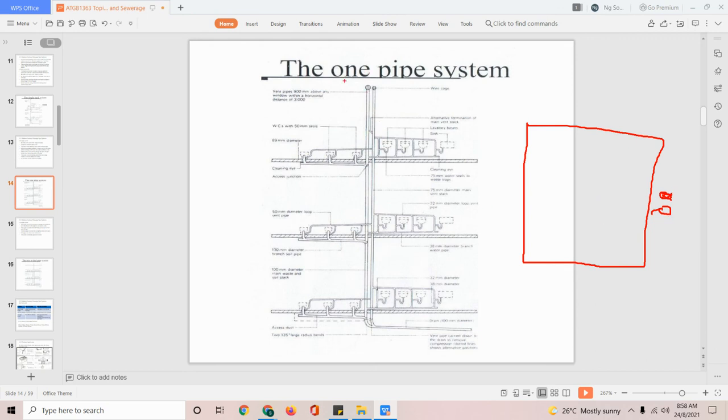This is one of the advantages of the one pipe system. This soil pipe can work at full capacity, because the ventilation pipe will always be empty, so it allows the soil pipe to work to the max.